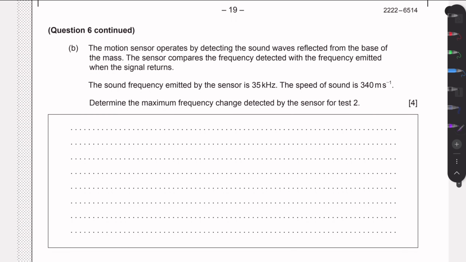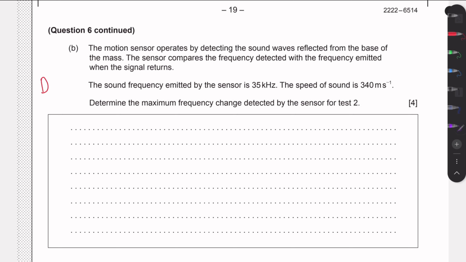And then part B, we are told that the sensor operates by detecting the sound waves reflected from the base of the mass. The sensor compares the frequency detected with the frequency emitted when the signal returns. We're given that the frequency emitted is 35 kilohertz and we're given the speed of sound. And we need to determine the maximum frequency change detected by the sensor for test 2.